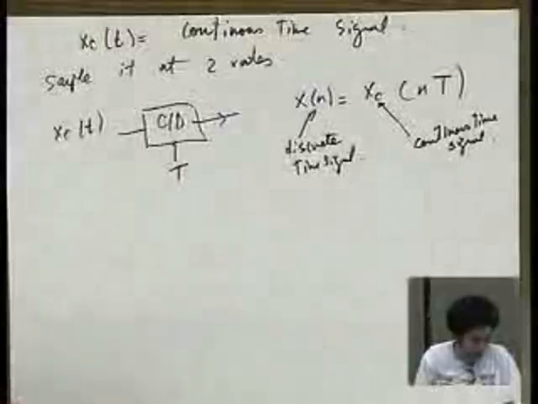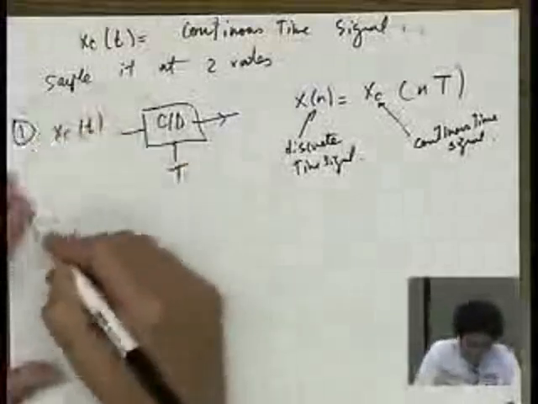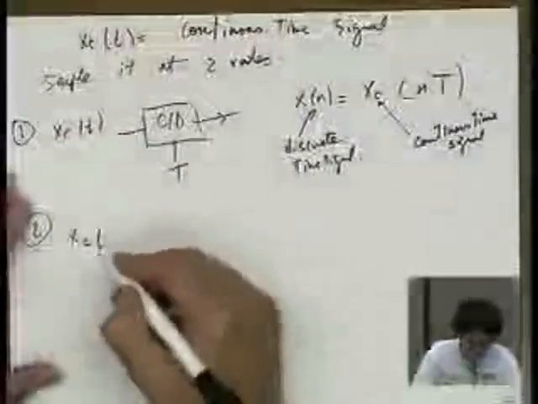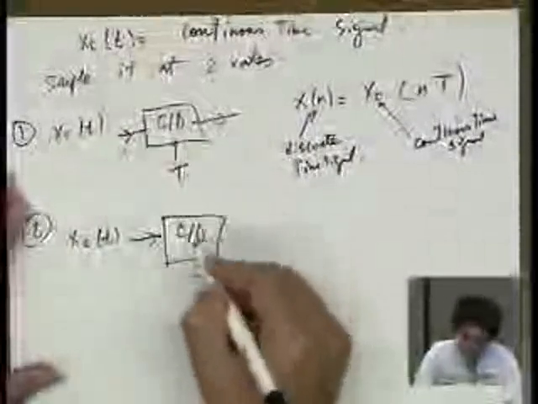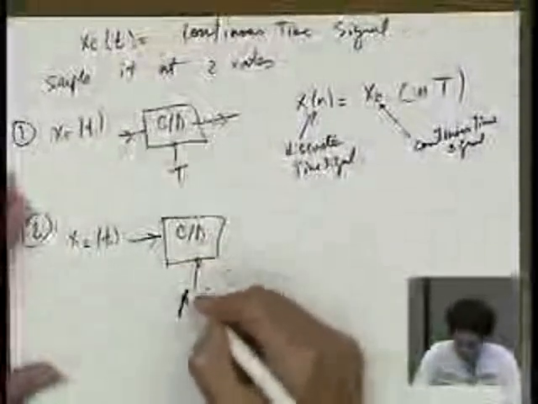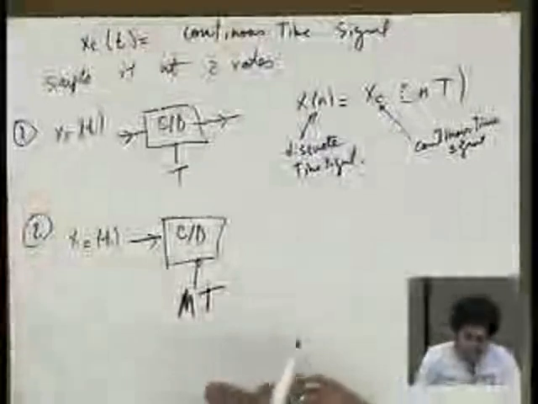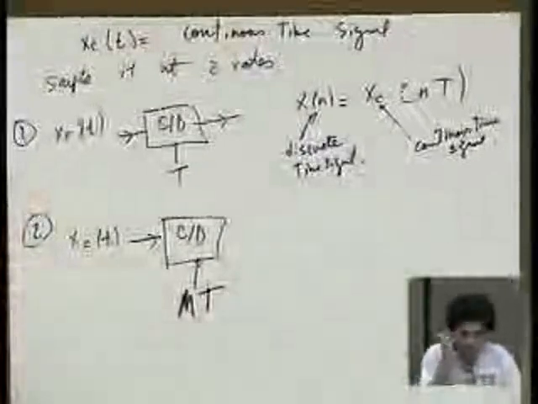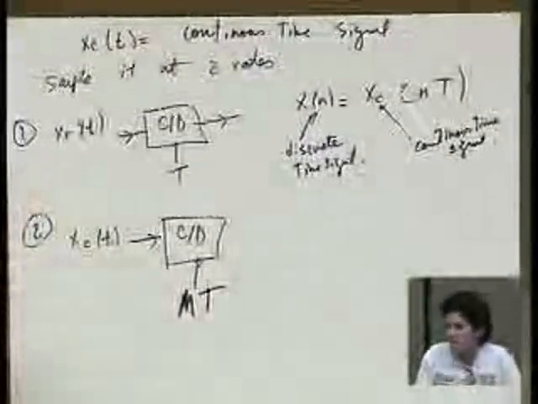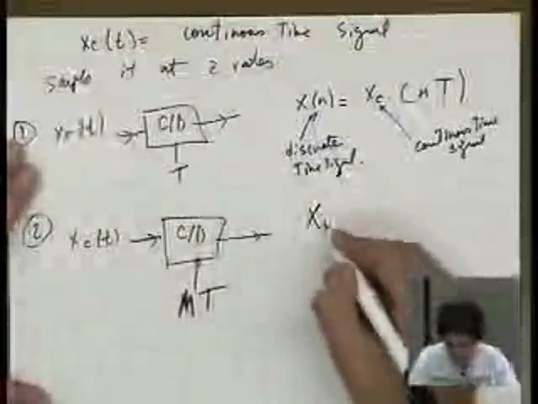The other one is, this is rate 1. This one I sample at a different rate. x sub c of t, I pass it into a C to D device, continuous to discrete time device, and I sample it at rate capital MT. M is an integer, like 5. I'm sampling it at 5T, for example, or 10T. That means that I'm sampling it 5 times slower. And I get a new signal, I call that x sub d of n.